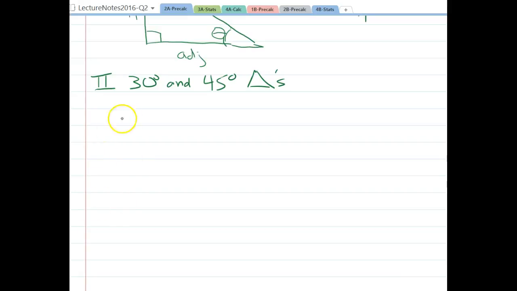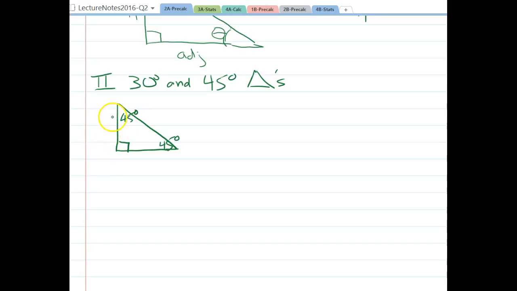And we'll come up with the ratios for these triangles. Let's consider the 45 degree triangle. That means that I've got one right angle, and then the other 2 angles are splitting the remaining 90 degrees.